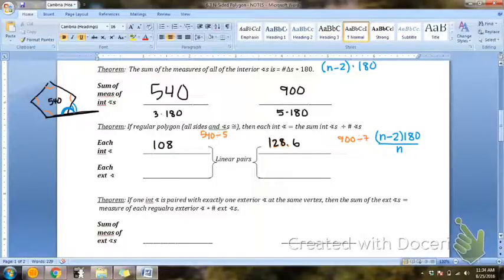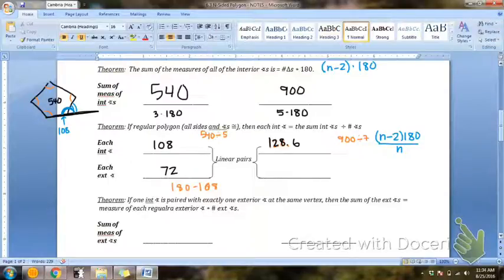They make 180, and if I tell you that this is already 108, how could you figure out the other one? 180 minus 108. Okay, so let's do that. What is 180 minus 108? 72. So that means every exterior angle of a pentagon is 72 degrees. And I got that by doing 180 minus 108.